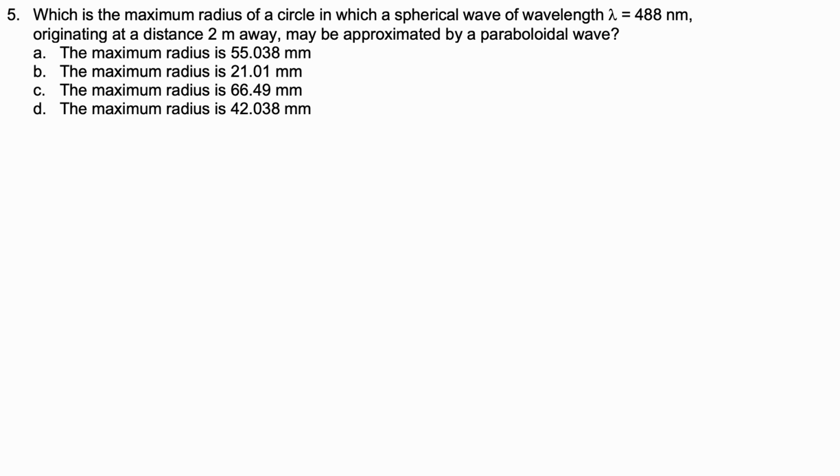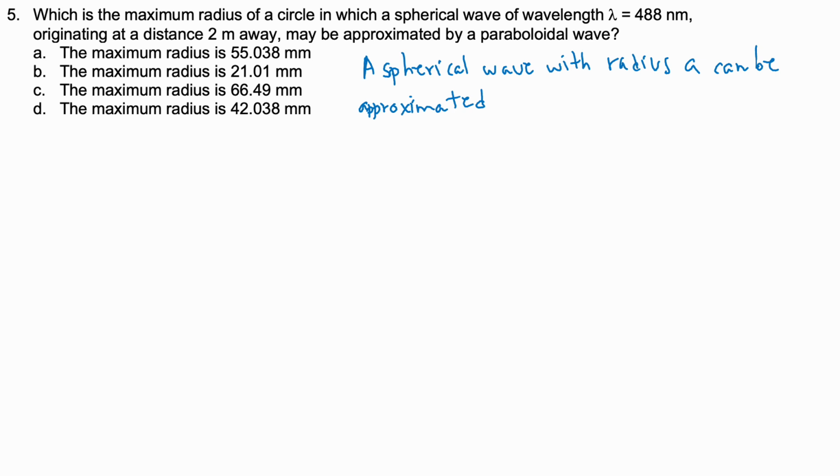We know from the video class that a spherical wave with radius a can be approximated as a paraboloidal wave if a to the power 4 is much smaller than 8 times the wavelength and the axial distance to the power of 3.